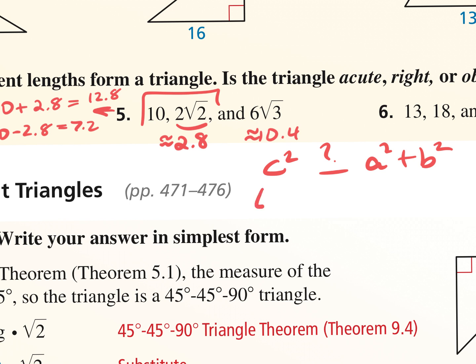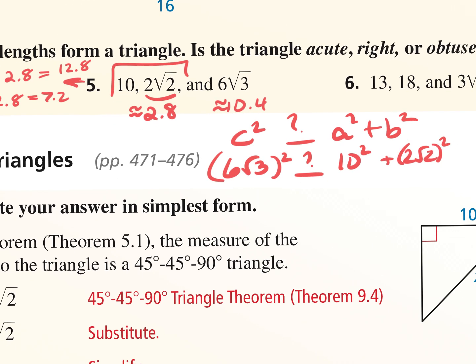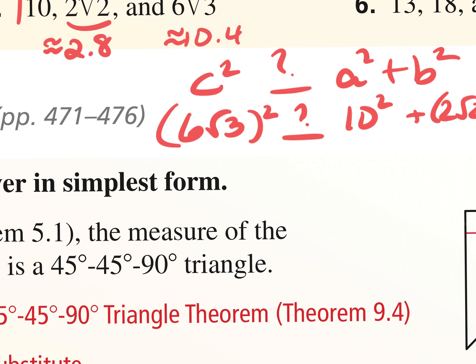So I'm going to do 6 square root 3, square it, 10, square it, and then 2 square root 2, and square it. So I square the 6 and the radical. This becomes 36 times 3, which gives me 108. 10 squared, 100.